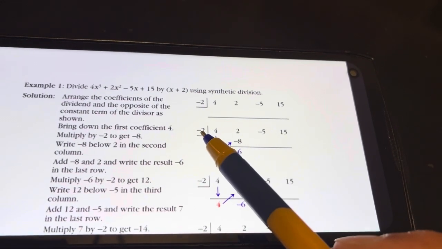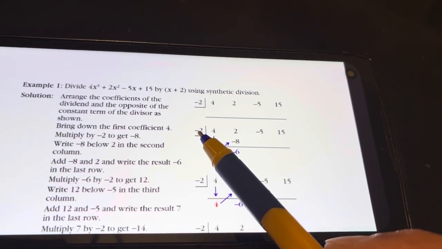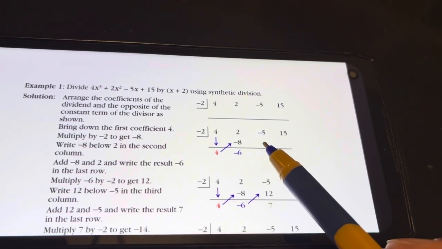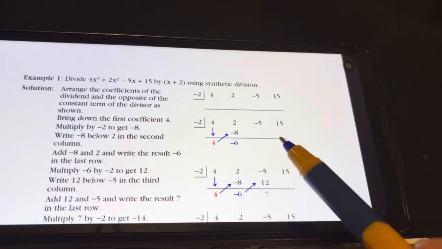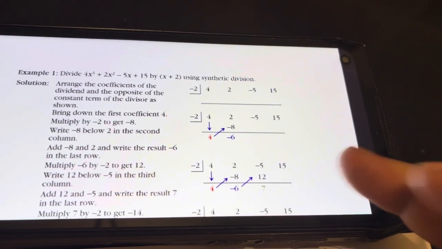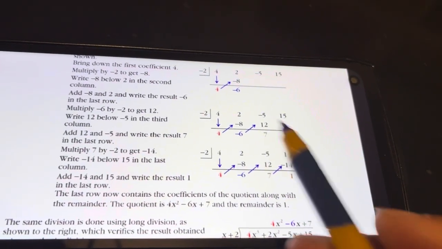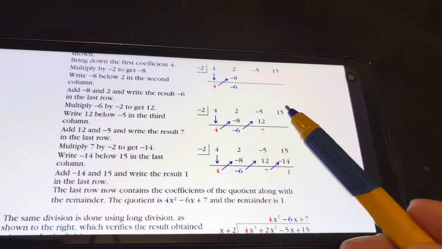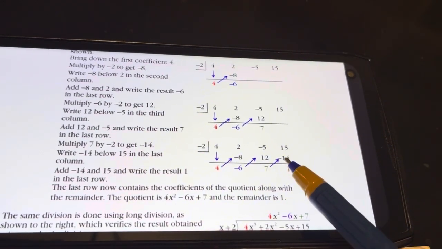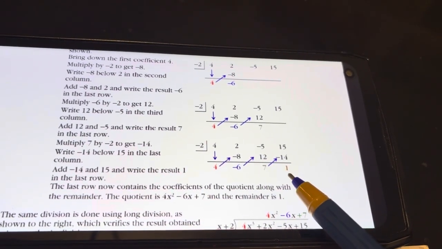Then minus 6 times minus 2 is positive 12. Then 12 minus 5 is 7. Then 7 times minus 2 is minus 14, and then you add: minus 14 plus 15 is 1.